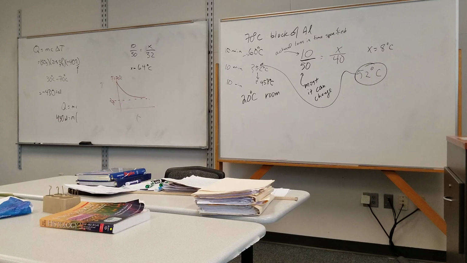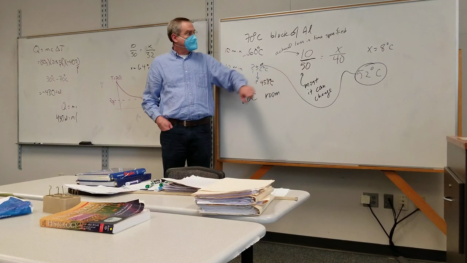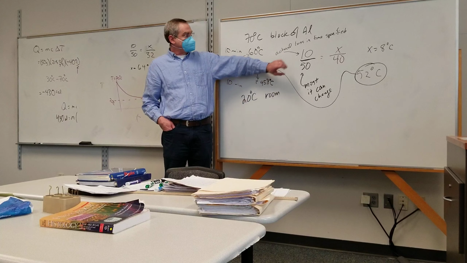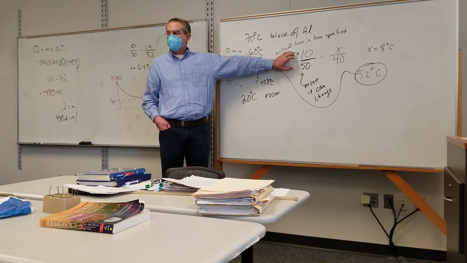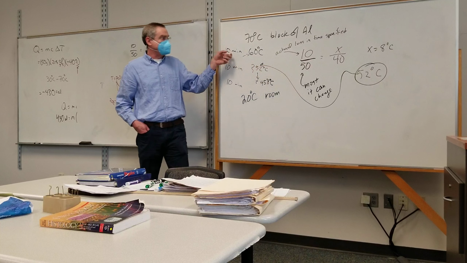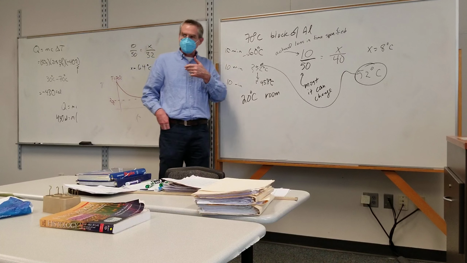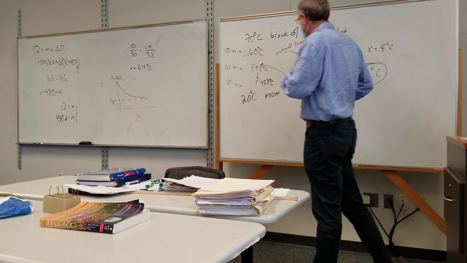All right. Do you see where I get the 10/50? Newton's law of cooling is saying that it's going to lose 10/50ths of what it could lose every single 10 minutes, or whatever time I put here. So I'm doing 10-minute increments.